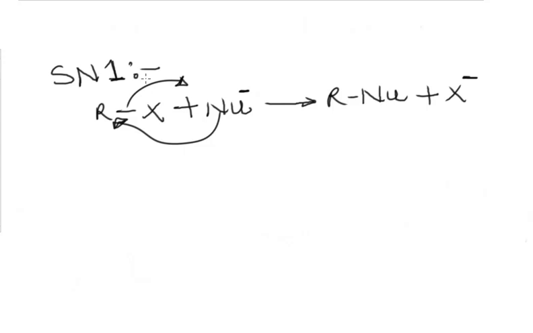Now let us elaborate the steps. So what happened actually? This is the C, this one is the halogen.